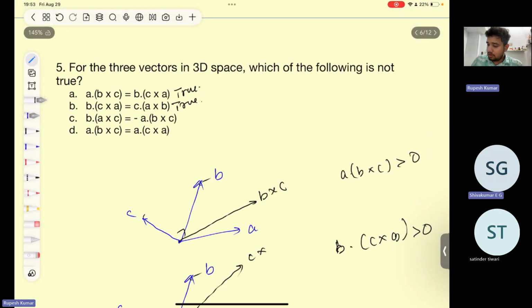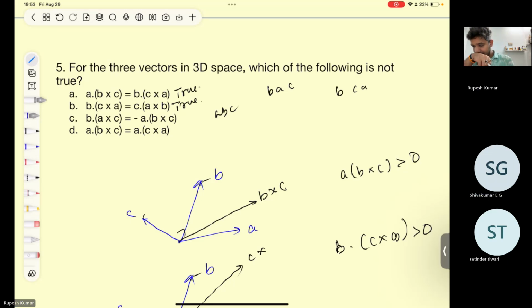Option C, B, A, C and A, B, C. Yeah, option C is also correct. Option C will also be true. Option D will be false. So the correct option is option D.